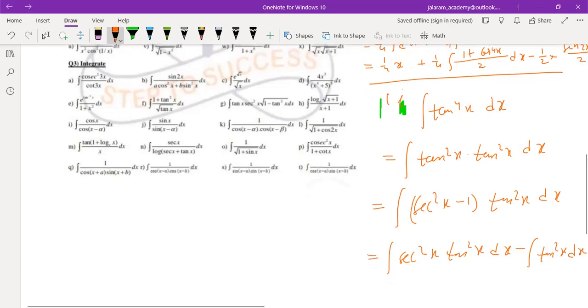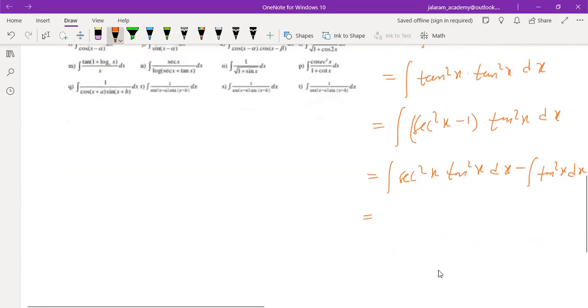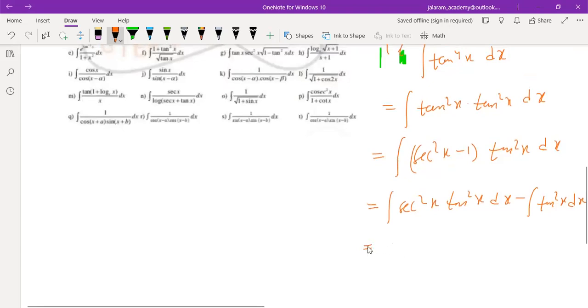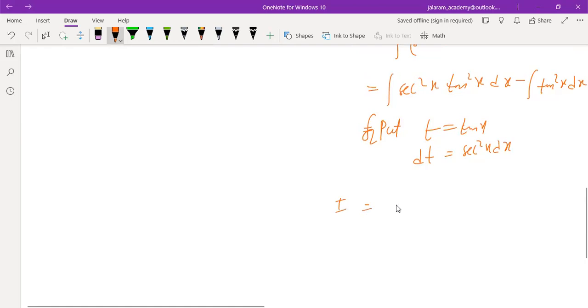integration of tan square x dx equals to, for the first integrand, put t equals tan x. So dt equals sec square x dx. Whenever there is a discontinuation, start by writing I again. I equals, the sec square x along with dx becomes dt, and this tan square x is t square.